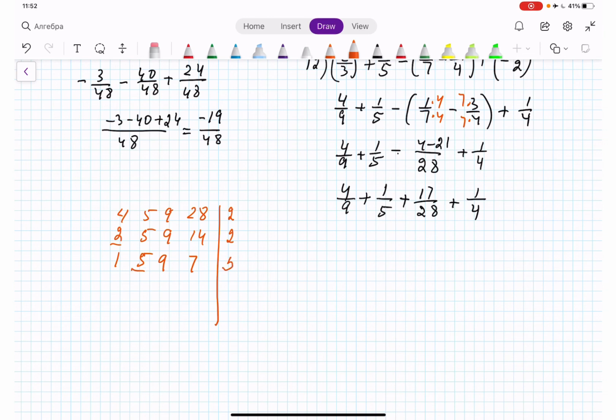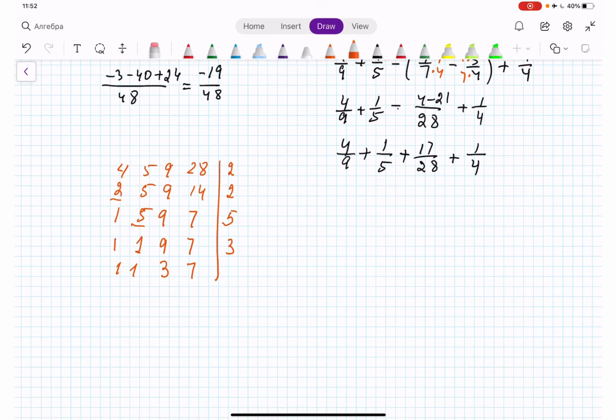Next, 5. 5 is a prime number, so it can be divided only by 5. So we move down the 1s. 9 is not divisible, 7 is not divisible. Next is 9, so we divide by 3, and 7 stays. Dividing by another 3, we get 1, 1, 1, 7. We have 7 left, so divide by 7, and we get 1, 1, 1, 1.